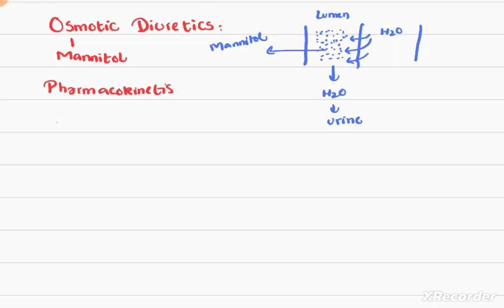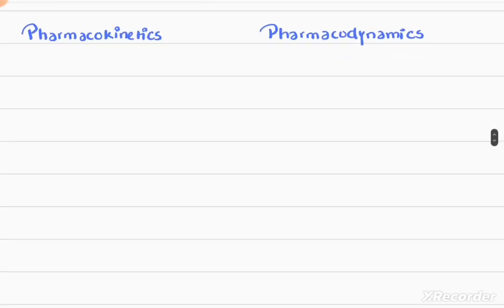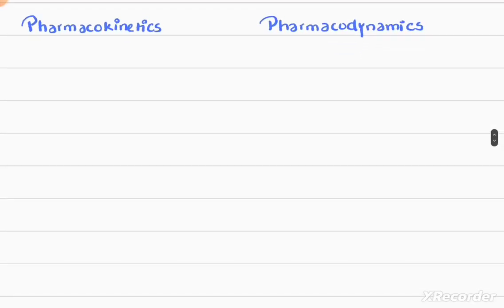If you give it in the IV form, it will cause water diuresis. It is not metabolized and it is excreted within 30 to 60 minutes of administration. So the onset is very quick and the duration of action is around 30 to 60 minutes. We have to repeat the dose of mannitol if we want to achieve a more prolonged effect.